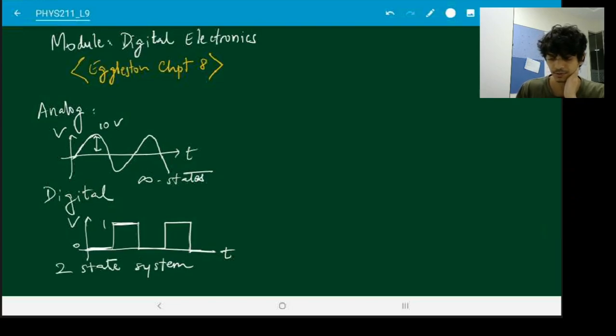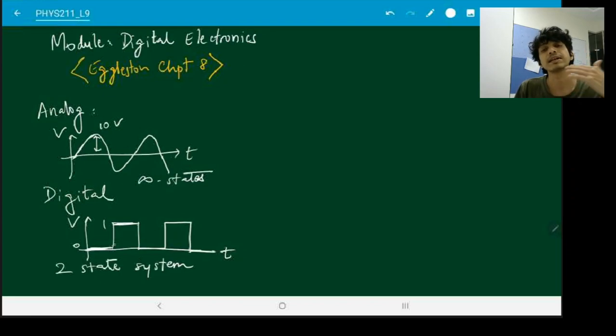So instead of 0, because of noise, because of stray signals, because of ripples, for whatever reason, if you get 0.1, 0.2, that's okay. You will still consider it 0. Instead of 1, if you get something a little bit more or a little bit less than 1, that's fine. You will still call it 1.